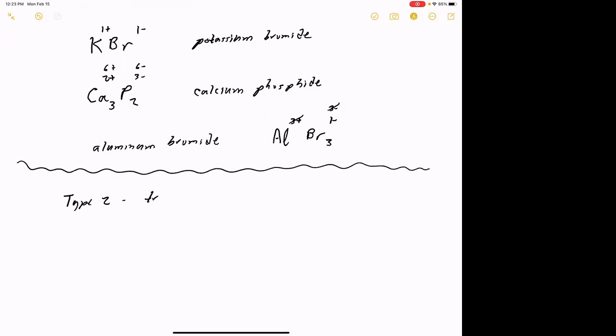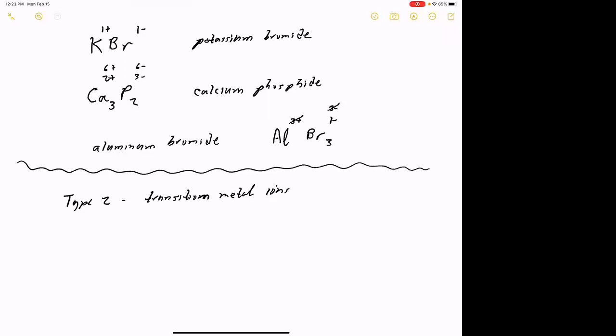These are the ones that involve transition metal ions. Those are the pink guys in the periodic table I showed you before.